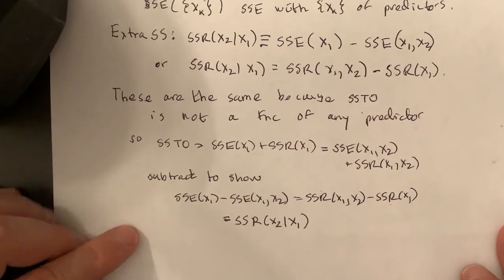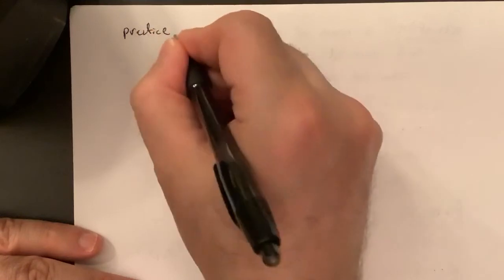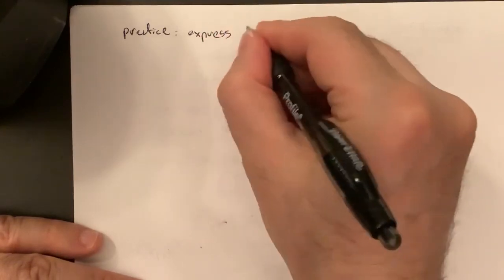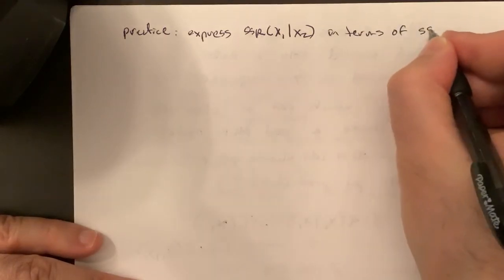It's not the same. So let's do, for practice, well, you can pause it, right? Let's do another one. So for practice, what if we wanted to do the other way around? Express SSR x1 given x2 in terms of SSEs.